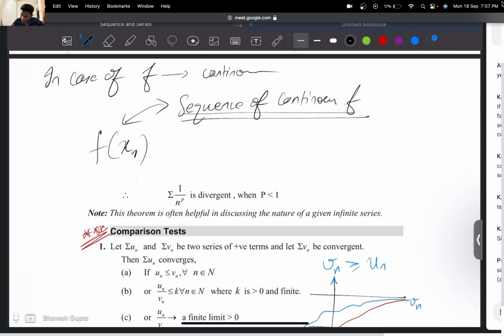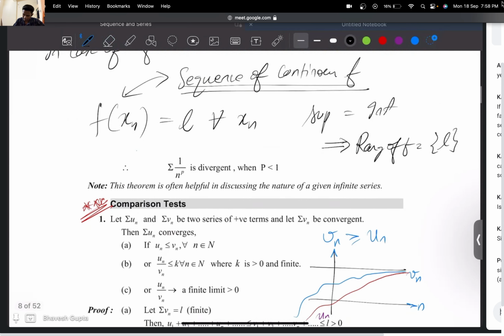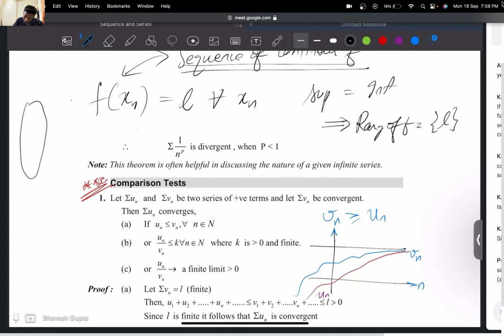Since you have said that supremum is equal to the infimum, that implies that in the range of the function there is only one element, because that's the only case when infimum and supremum are the same. So in this case, every time you will get an output L for all xn. That means all of your points are mapping to the same output. If I draw a Venn diagram for this, you have this, all mapping to one.